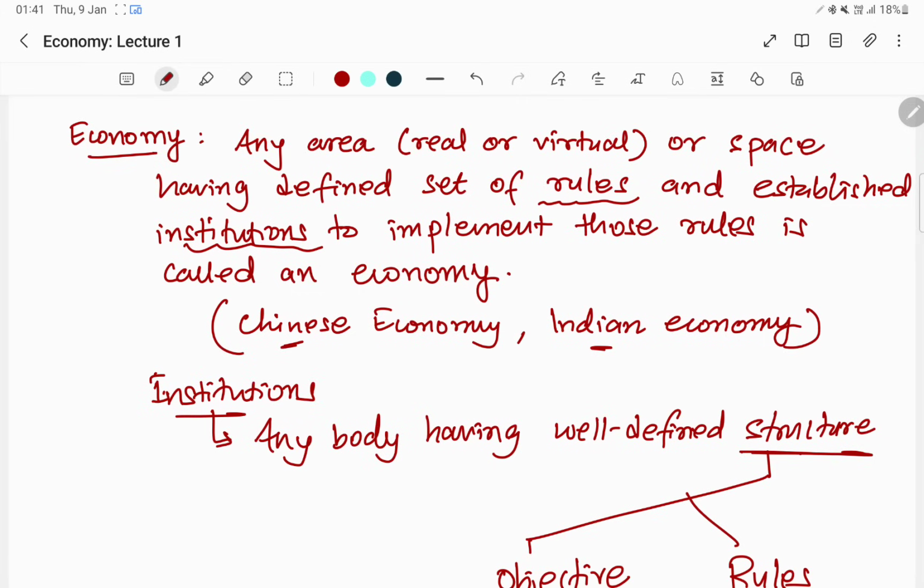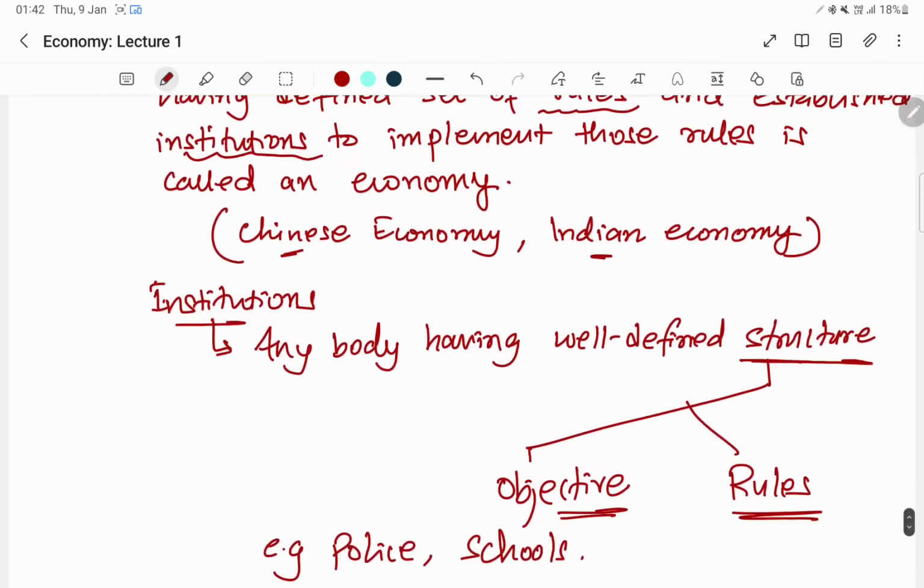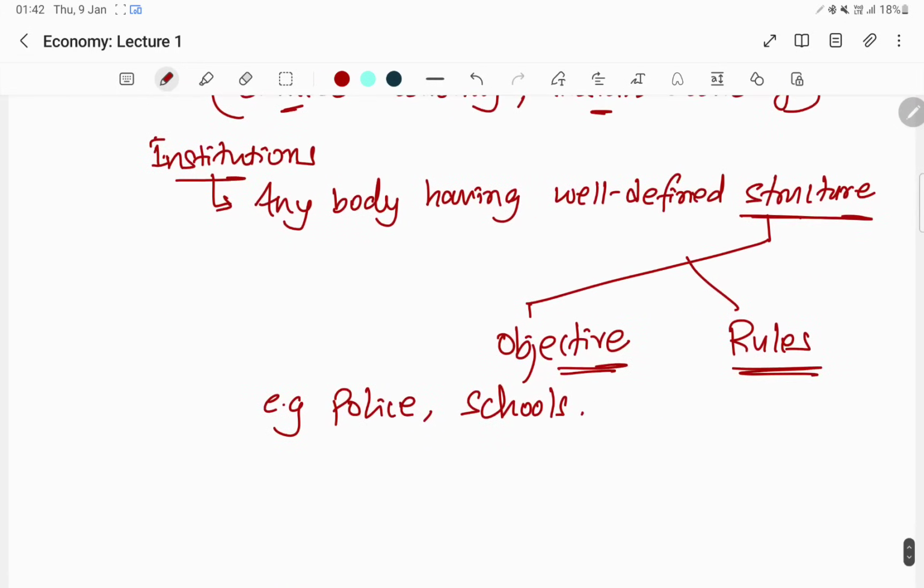Any area, real or virtual, or space having a defined set of rules and established institutions to implement those rules is called an economy. Institution means any body having a well defined structure. Well defined structure means two things, that is objective as well as rules. For example, police and schools are institutions in the economy, right?